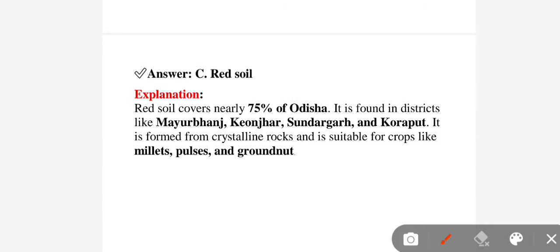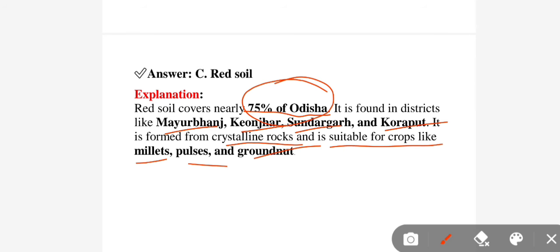Red soil covers nearly 75% of Odisha and is found in districts Mayurbhanj, Keonjhar, Sundargarh, Koraput and others like Rayagada, Malkangiri, Balangir. It is formed from crystalline rocks and is suitable for crops like millets, pulses and groundnuts. This is all about red soil.